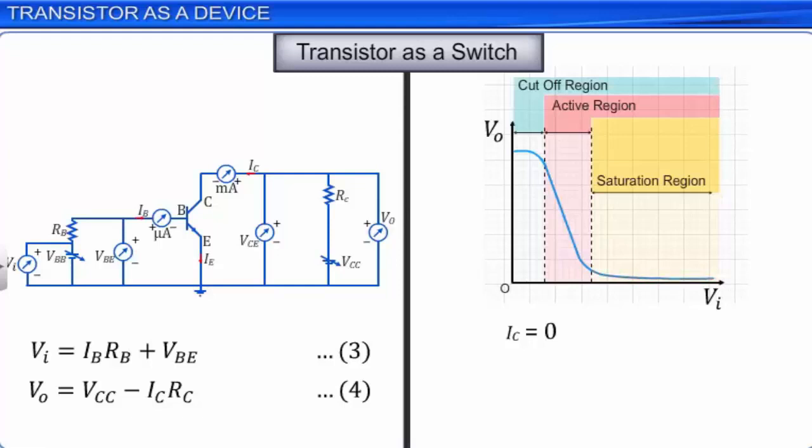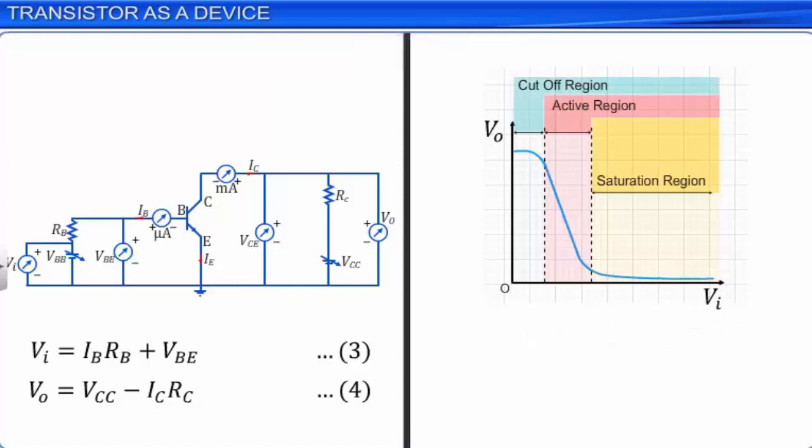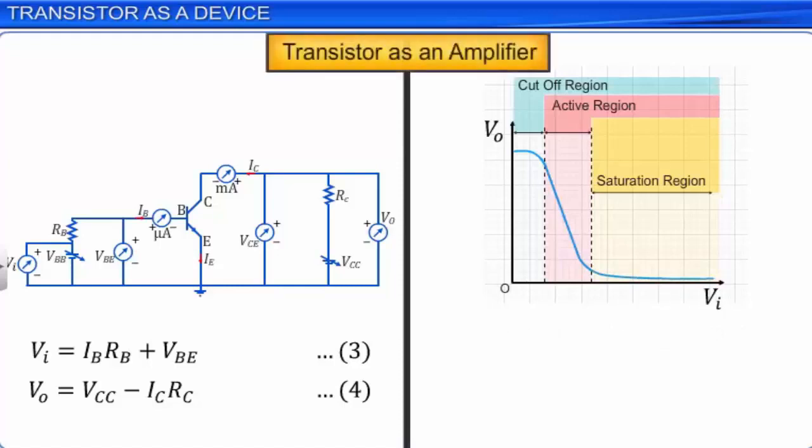Let us now discuss the transistor as an amplifier. To discuss the transistor as an amplifier, we use the active state of the transistor. In the active region of the transistor, the output voltage Vo decreases linearly with an increase in the input voltage Vi.